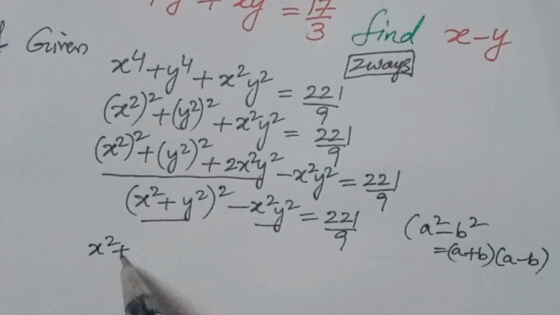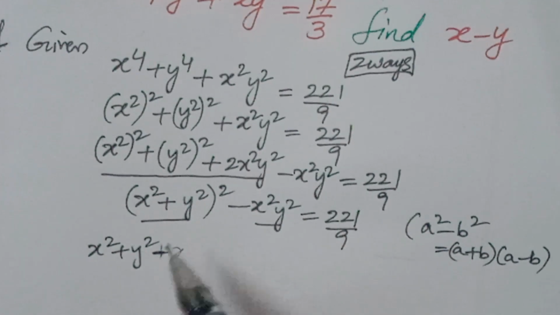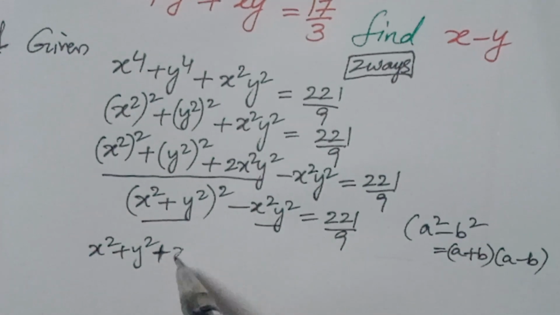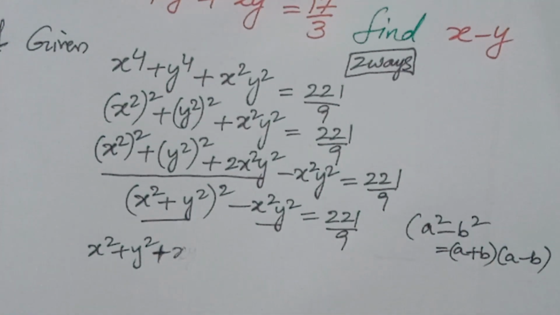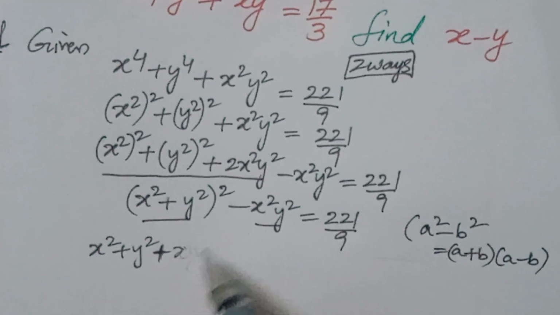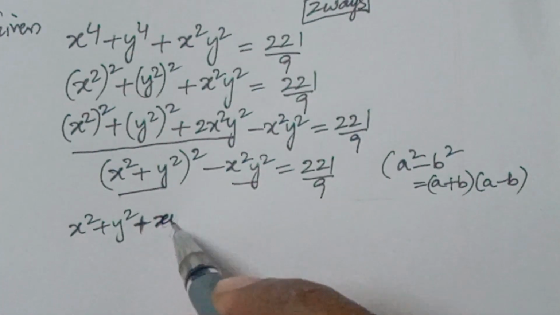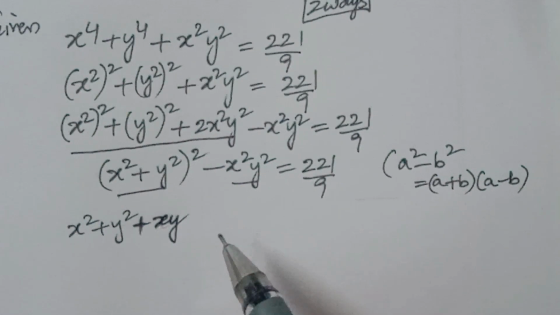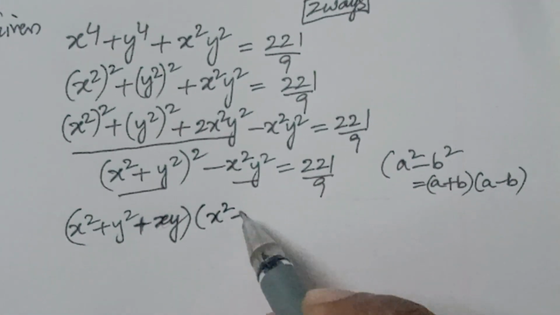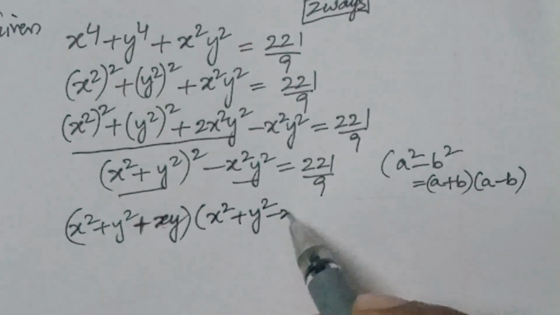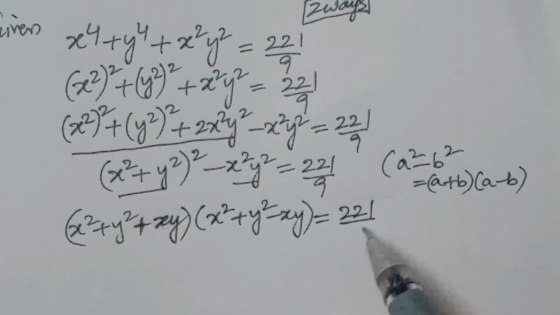So (x square plus y square plus xy) into (x square plus y square minus xy) is equal to 221 by 9.